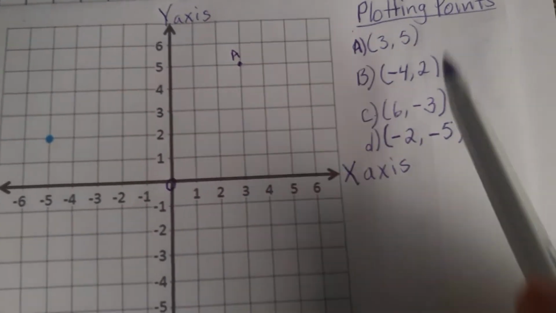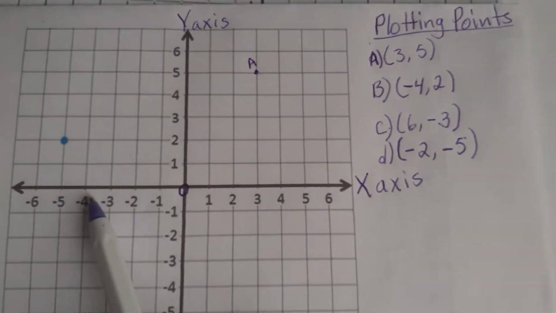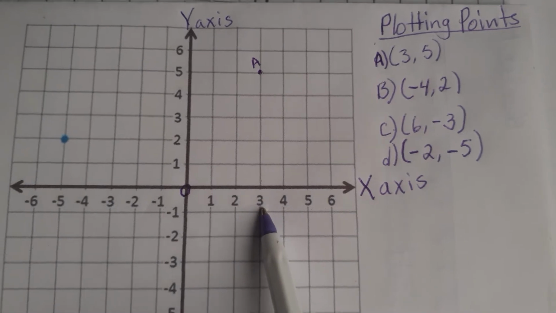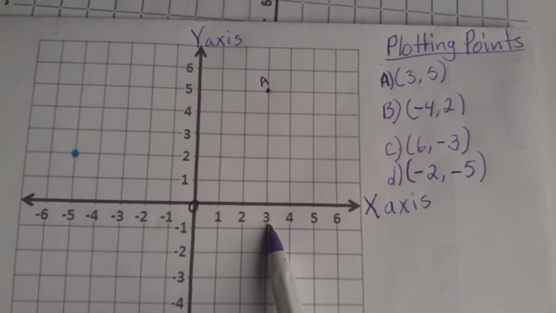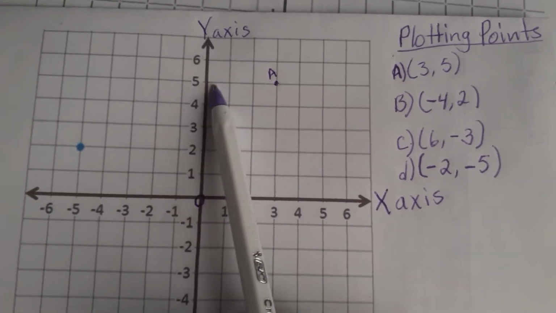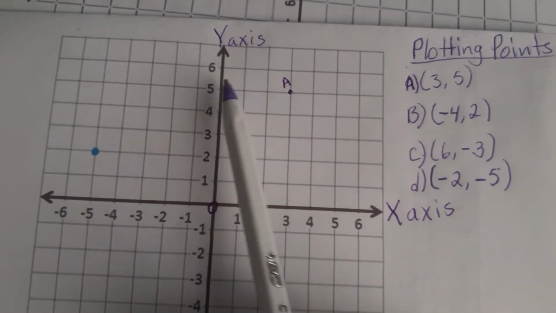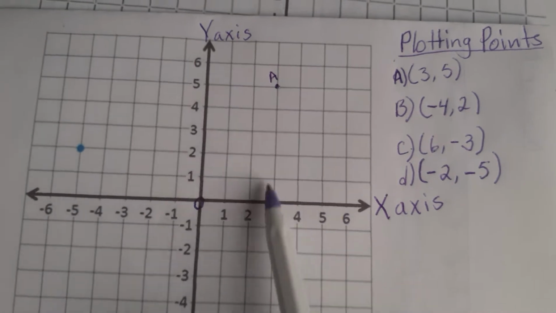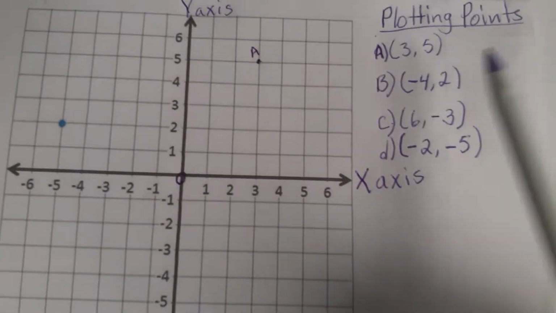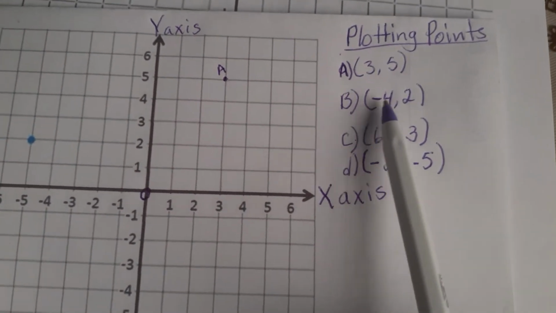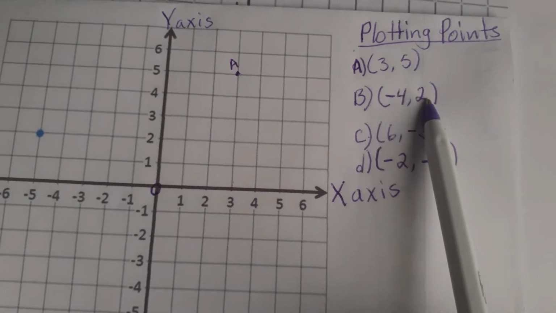Okay, so first we look for the 3 on the x-axis, which is this here, and then we look for the 5 on the y-axis, which is here, and we move up to the 5 to where the 5 and the 3 will intersect. Let's look at the other one. We have -4, 2.